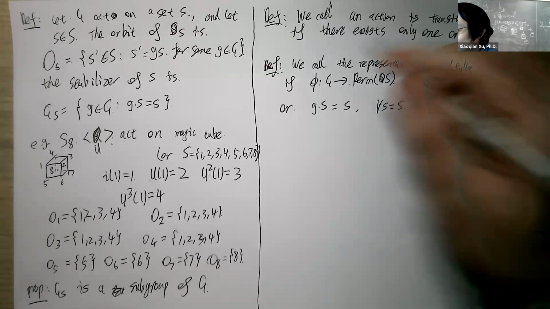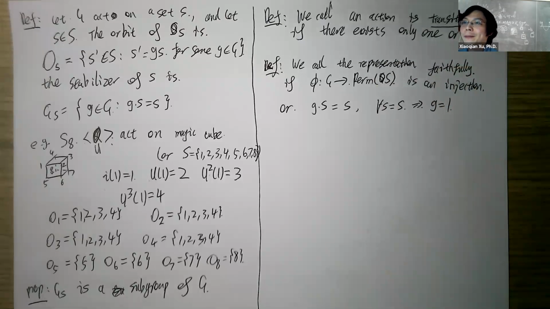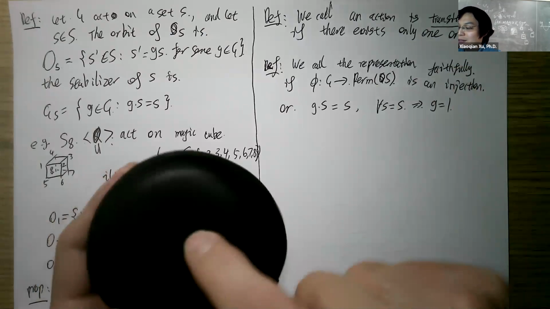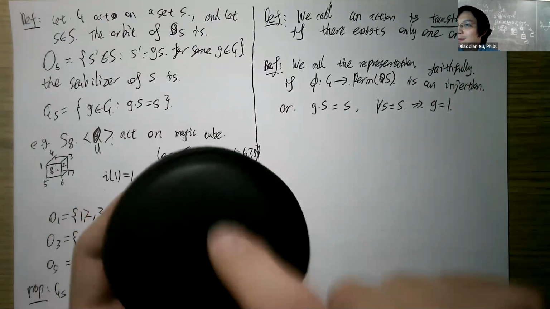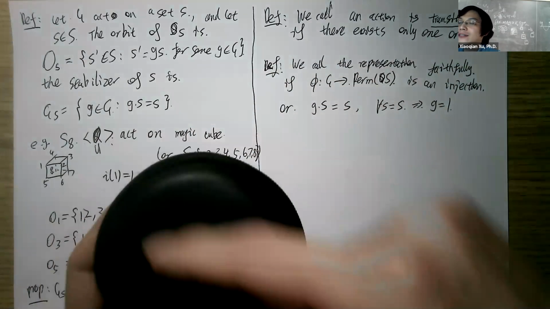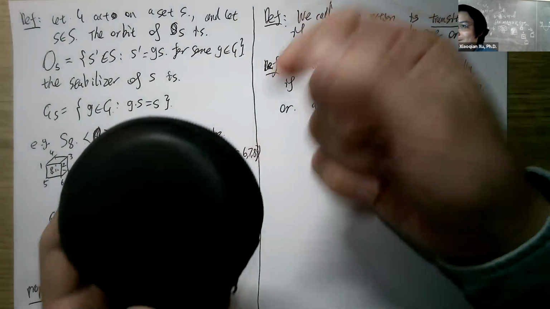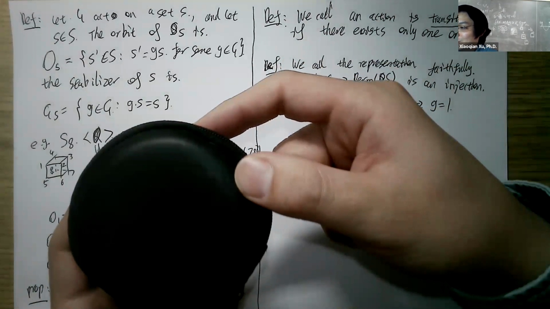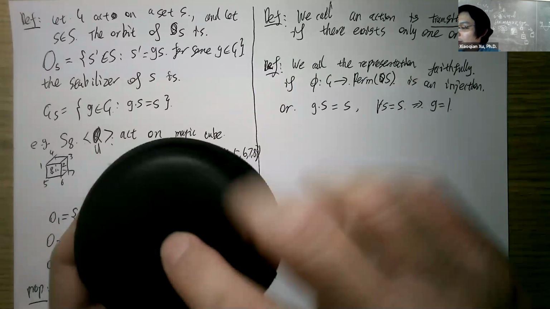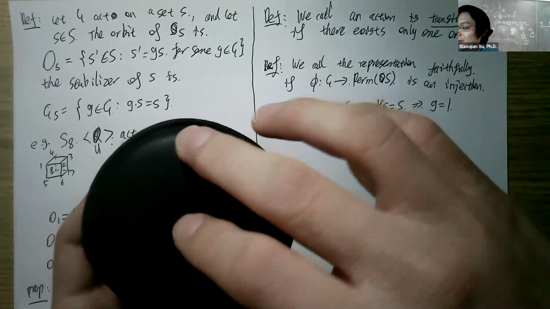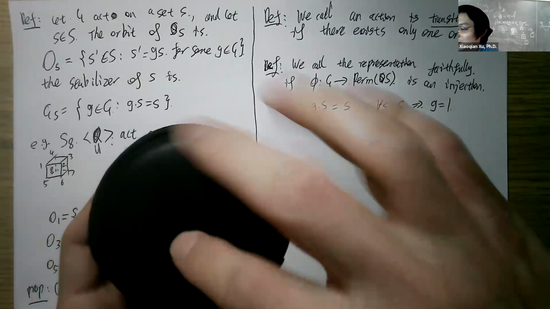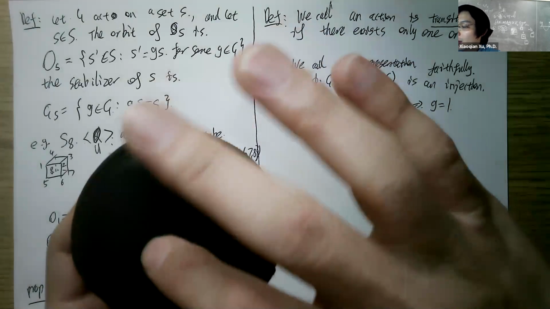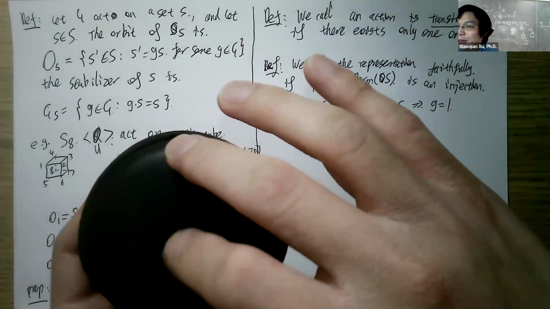Oh, sure. What's the meaning of transitive? Transitive simply means if you have a point on this set, then this group action can move this point anywhere you want on this set. Which also means for any two points on this set, there is an element of this group that maps one point to the other.